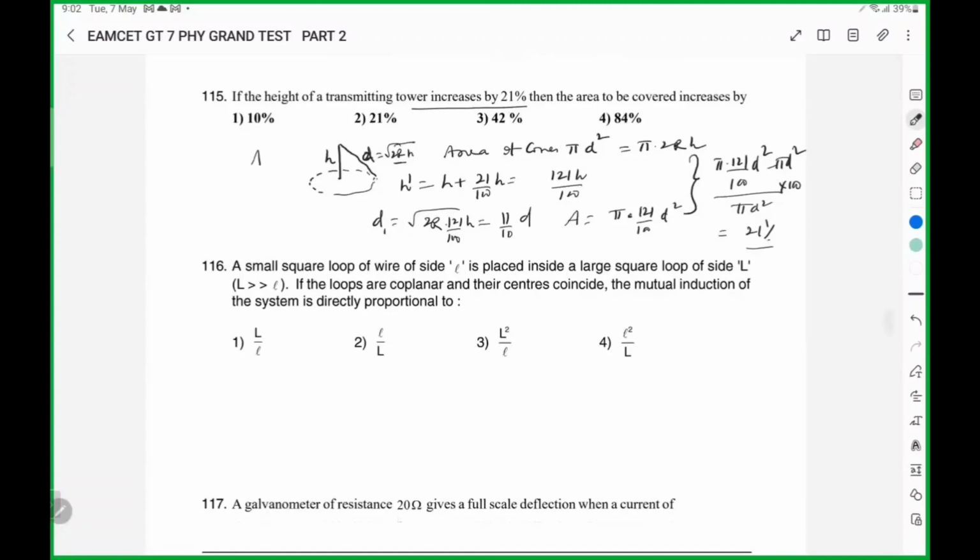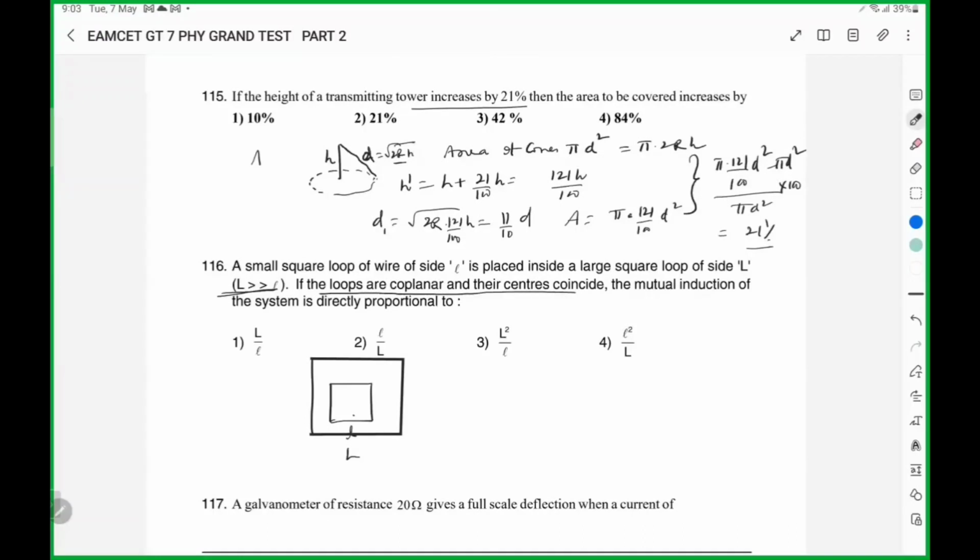Here a small square loop of side l is placed inside a large square loop of side L. L is greater than l.